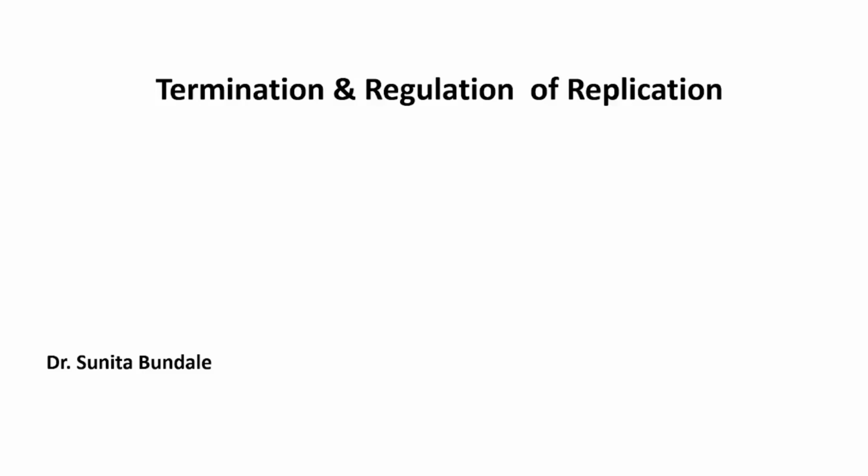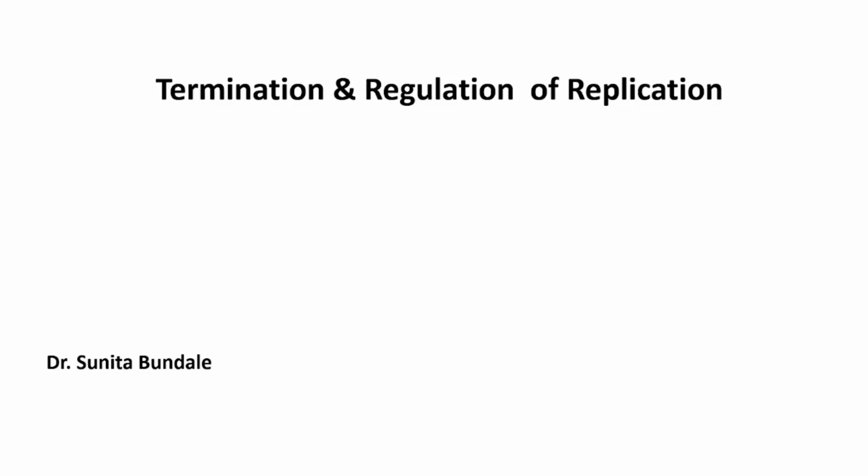I, Sunita Bundale, would be taking you today through termination and regulation of prokaryotic replication. After the extensive synthesis of DNA during elongation, which we saw in the previous video lecture, the process must be accurately and efficiently brought to a halt.